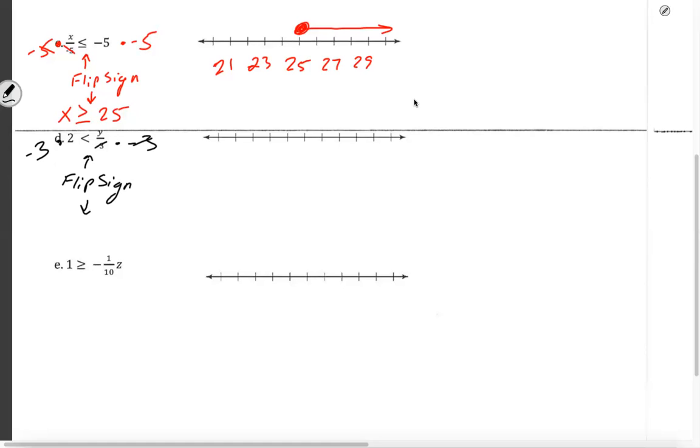So those cancel. y, flip your sign, -6. Nicely done. Now what? Where does my circle go? Is it open circle left? Like that? I don't know.